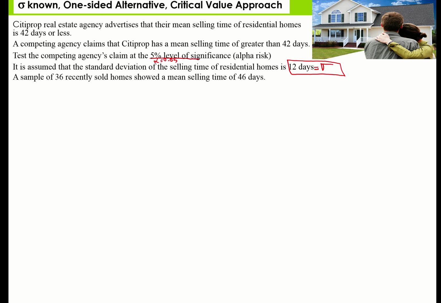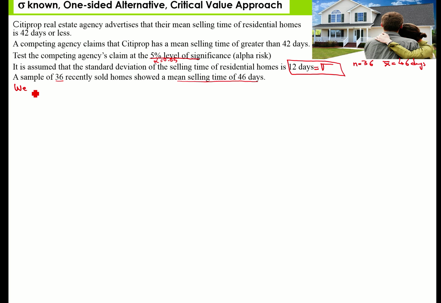In order to test the competing agency's claim, we pick a sample of 36 recently sold homes and calculate the mean selling time, which is 46 days. So the sample size here is 36 and the mean value of the sample is 46 days.